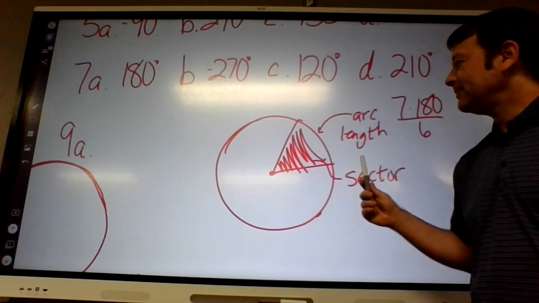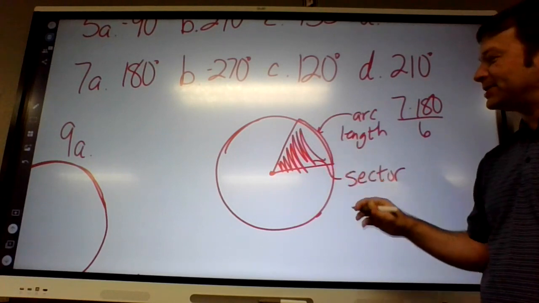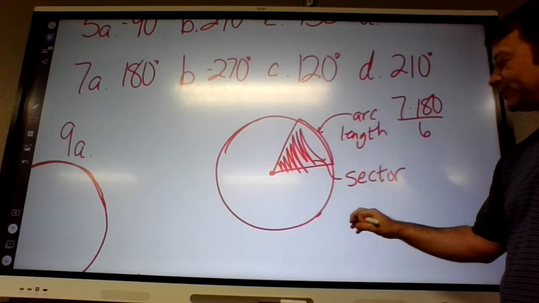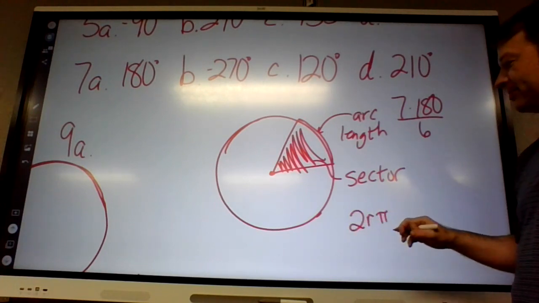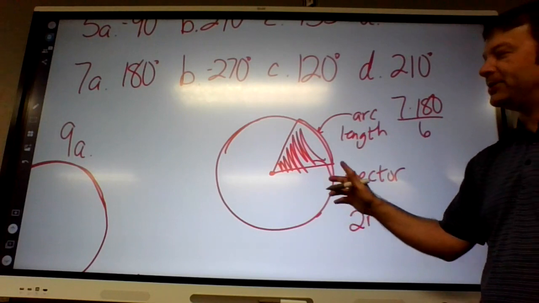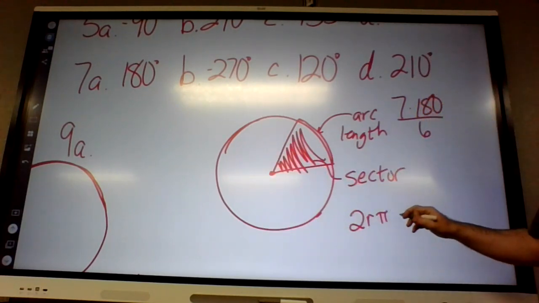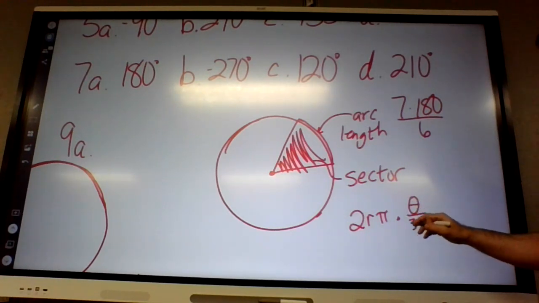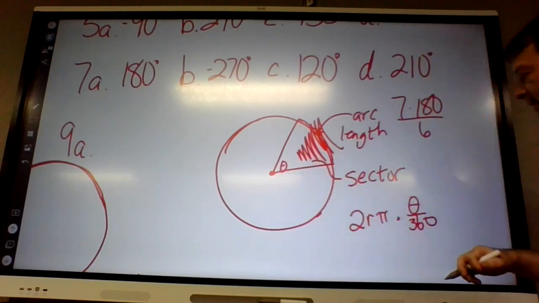I will not. Anyway, the arc length is a fraction of the circumference. So you guys remember the circumference formula? 2 pi r, or pi r squared is circle area. Okay, that's circumference, and then you just do that times whatever fraction of the circle you're using, where theta is this angle right here.